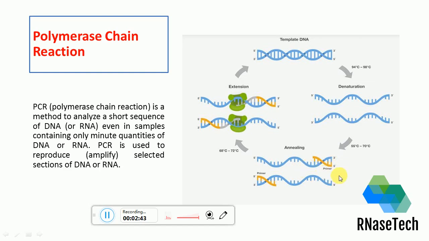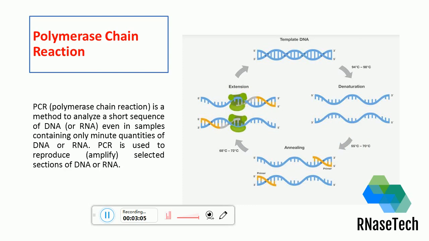As you can see here, this yellow portion is a primer for this strand. Based on the primer, the annealing temperature can be different, hence the range given is 55 to 70 degrees Celsius.